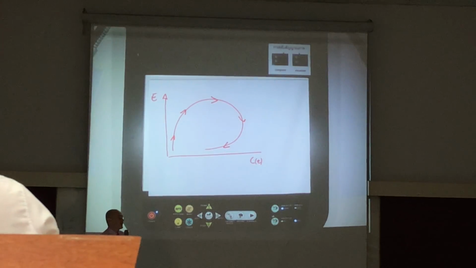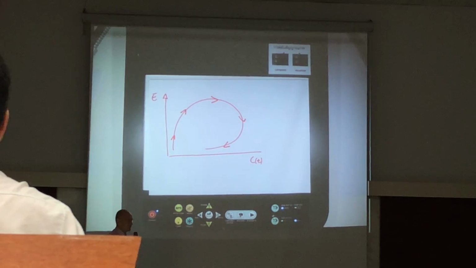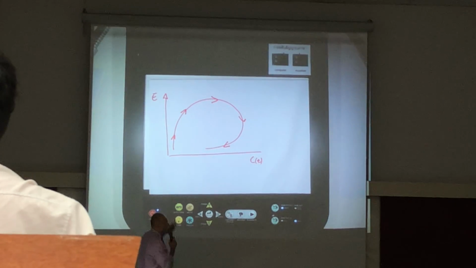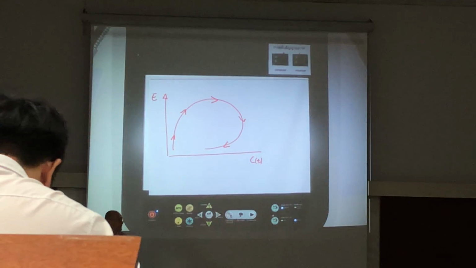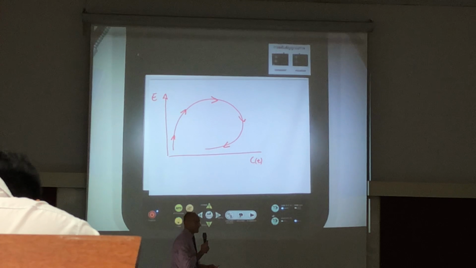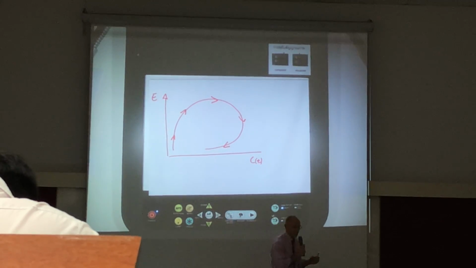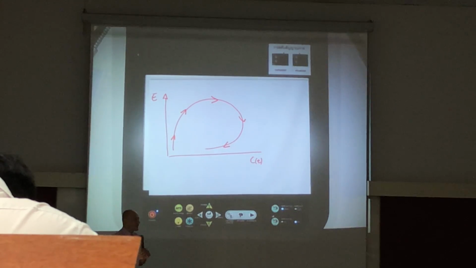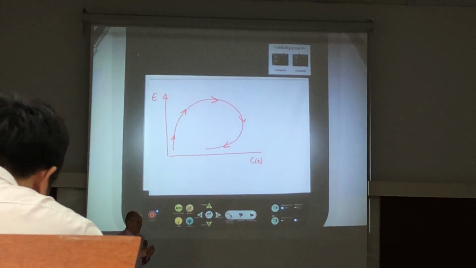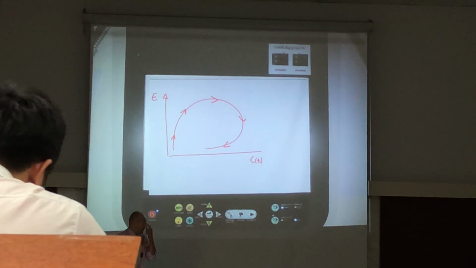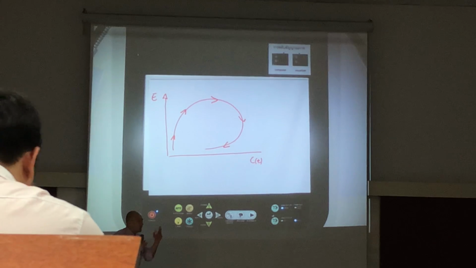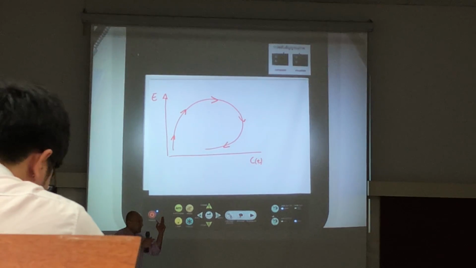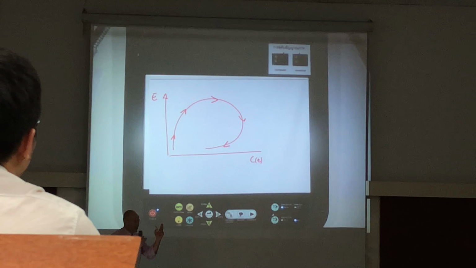What you see here is the clockwise hysteresis loop, where the effect came first, then the increase of plasma concentration. How is it possible? We said that usually in the anti-clockwise hysteresis loop, before we have, and that's quite pretty normal to understand, an increase in plasma concentration, and then maybe later, an increase in the effect.